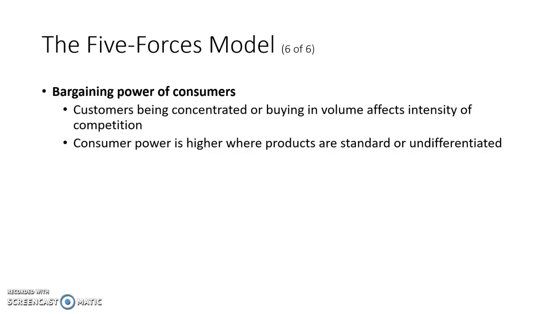And again, if those switching costs are relatively easy, then the bargaining power of consumers is going to be relatively high. Even if there's a lot of brand loyalty, then that can somewhat impact this as well. So if there's a lot of options for consumers and they don't have high switching costs, then you're going to have a higher bargaining power of consumers.